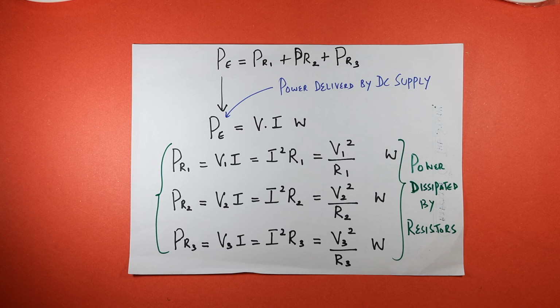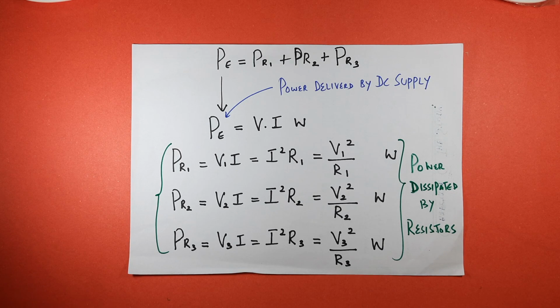The power dissipated in the resistors, or power consumed by the resistors, we can write in three forms using Ohm's law. PR1 equal to V1 into I, that is the voltage across the resistor multiplied by the current through the resistor, and then I square into R1.